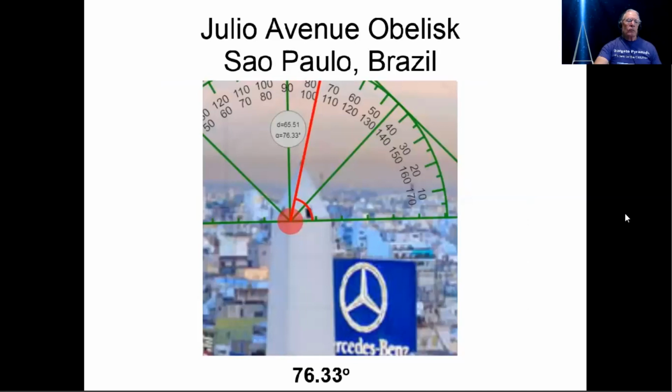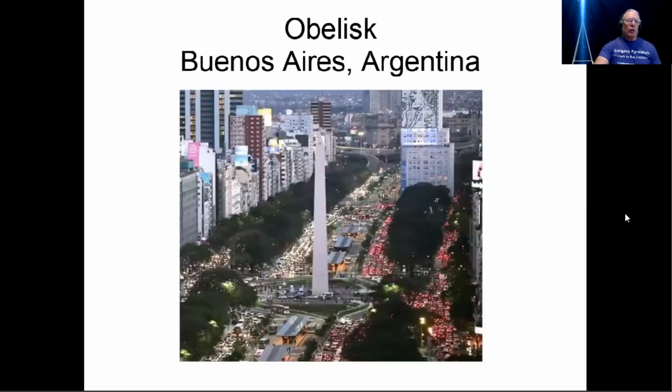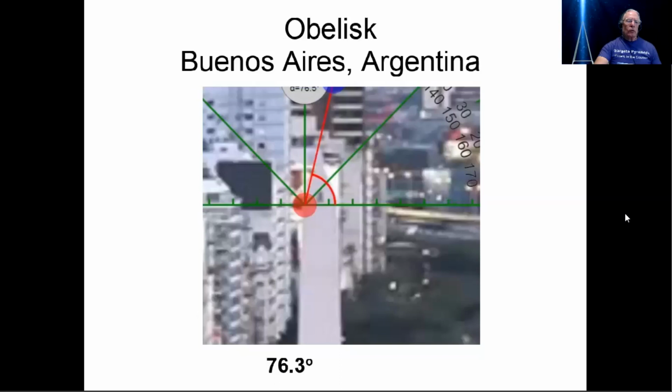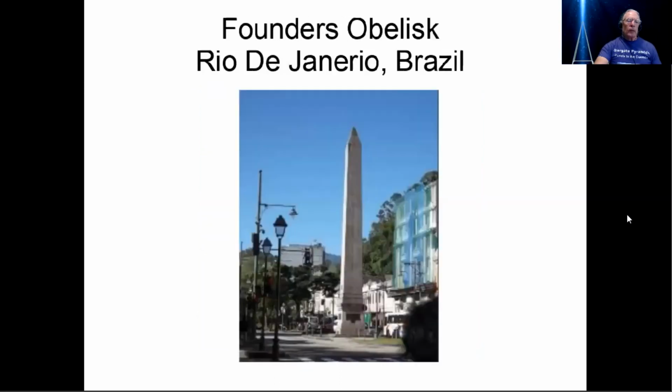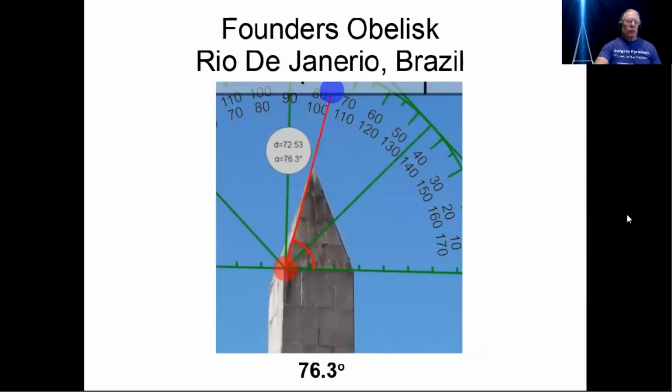The slant angle of the pyramid at the top of the obelisk is 76.33 degrees. Here's another obelisk in Buenos Aires, Argentina, again in the center of the city, and we see a slant angle of 76.3 degrees. And another, the Founders Obelisk in Rio de Janeiro, Brazil, and again, a slant angle of 76.3 degrees.